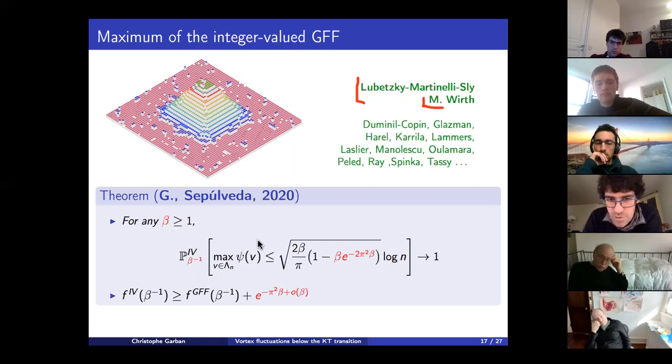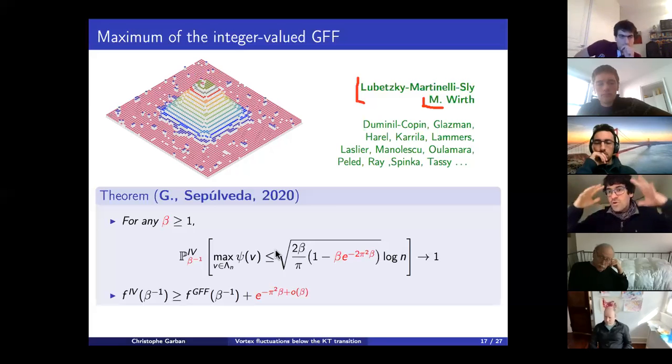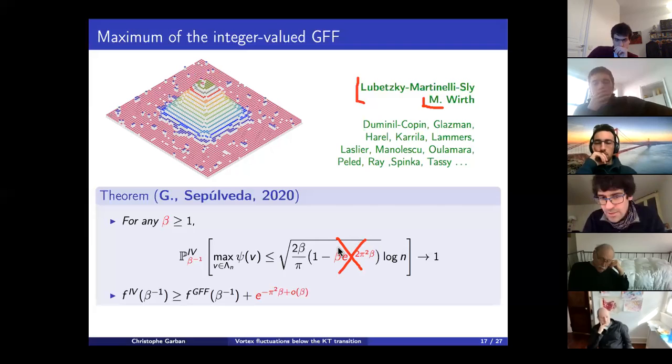And so the result we show is the opposite. We want to show that the maximum doesn't go too far. It's easy to show that it cannot go above what you would have without conditioning the field. So it cannot go further away than what you would have with the normal Gaussian free field.